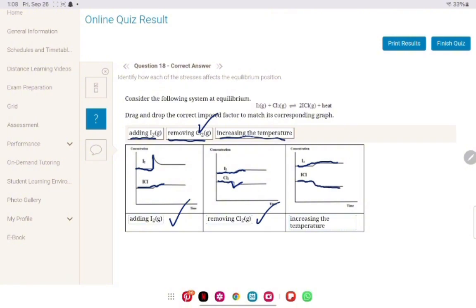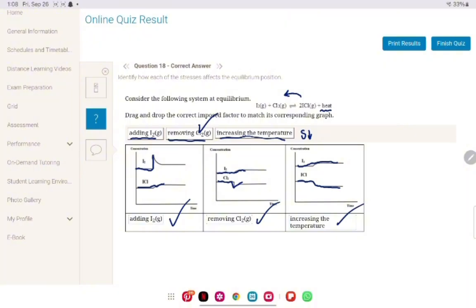So increasing the temperature, if you increase the temperature, the system will try and decrease the temperature. And since the reaction is exothermic, if you're trying to decrease the temperature, you're going backwards, and ICl will decrease and I2 will increase by a bit.